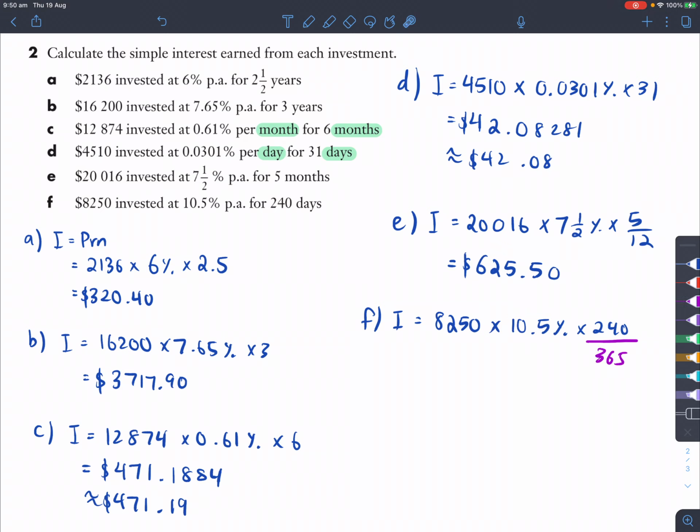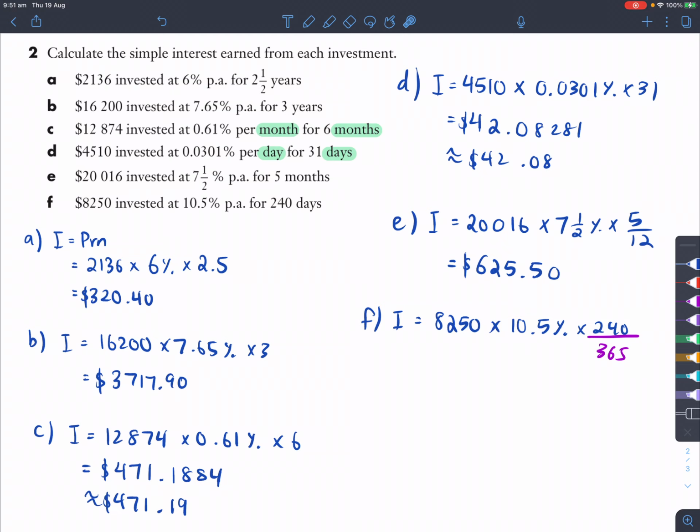Now this is in years, which is on par with the 10.5% per year. What we can also do is convert the percentage, which is per year, into a daily percentage by dividing by 365 and then multiplying by 240 days. This will convert both of them to days, whereas the other way converts both into years. So either answer actually works.